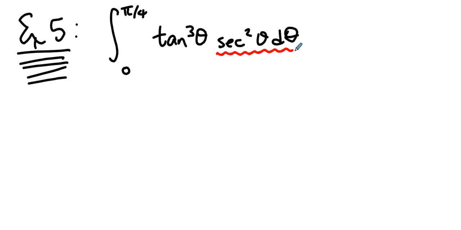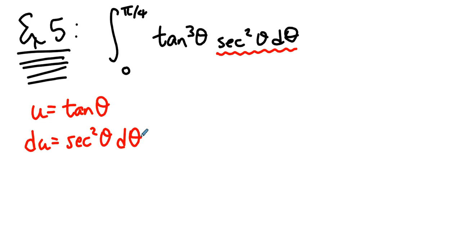This thing is the derivative of tangent theta. What if you are tangent theta? I don't want to be tangent theta. Well, too bad, because then your derivative is hanging out right here. Oh, yes, it is.